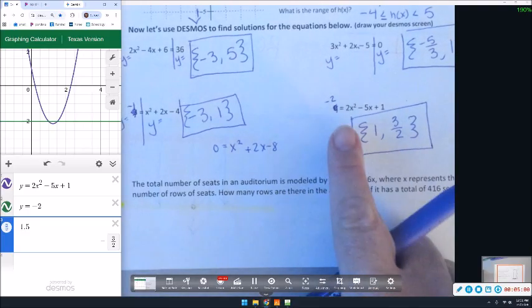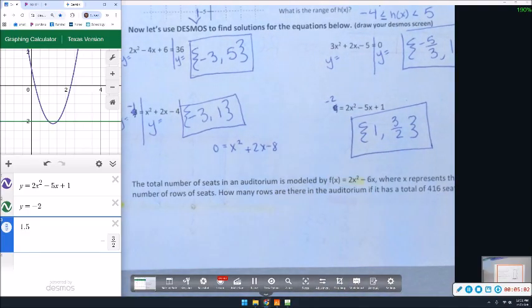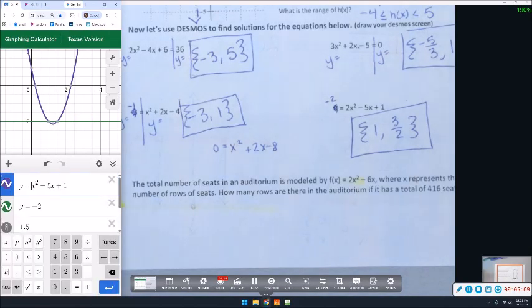I told y'all to change the equation. Okay, type it in.